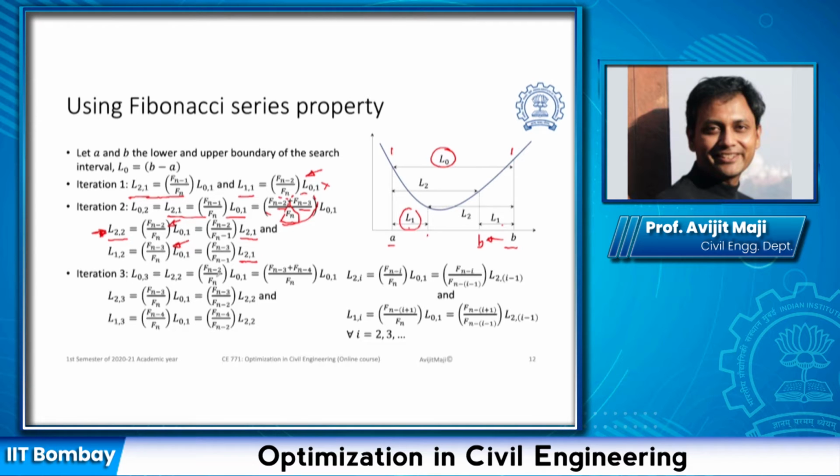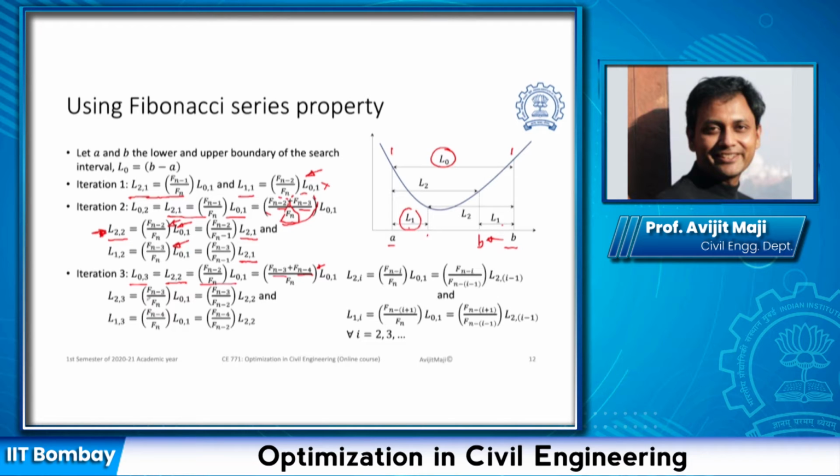In the next iteration, once we eliminate one of them, my new boundary length is going to be L3, which is equivalent to L2 of the second iteration, which will be of this value as I had indicated here. And if we further decompose this Fn-2, we can write it as n-3 and n-4. We'll keep it here.